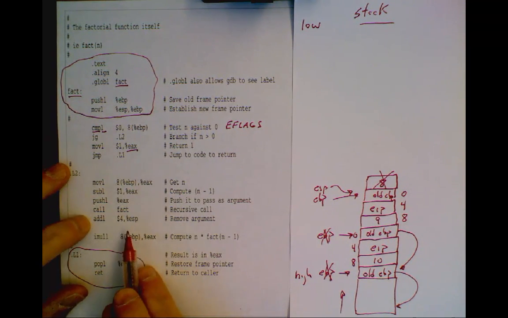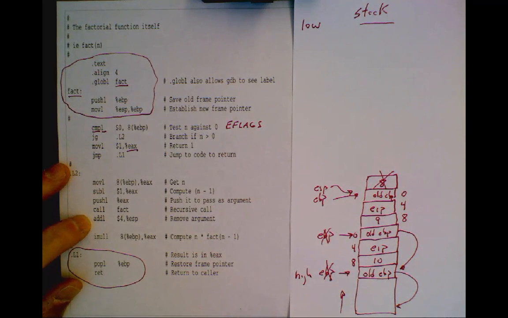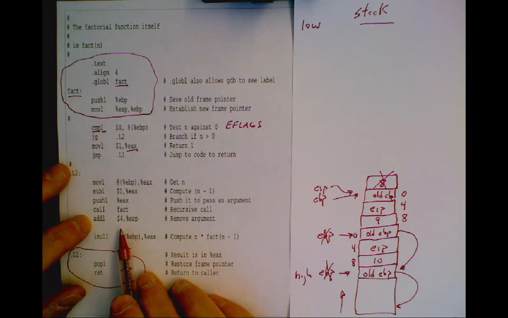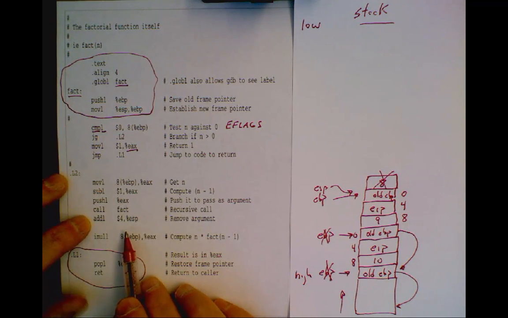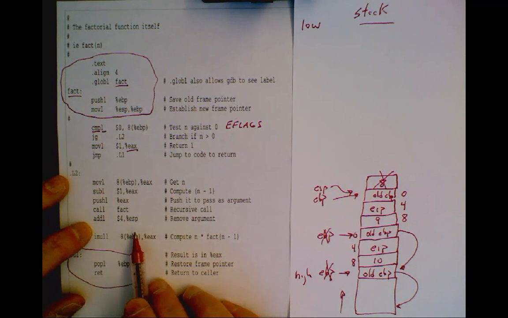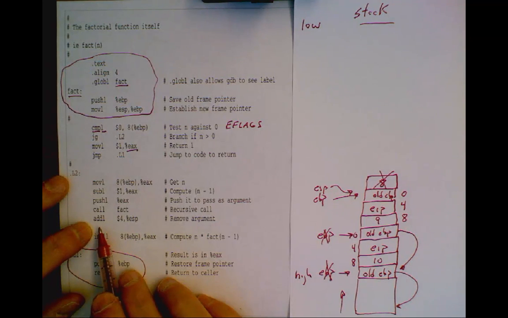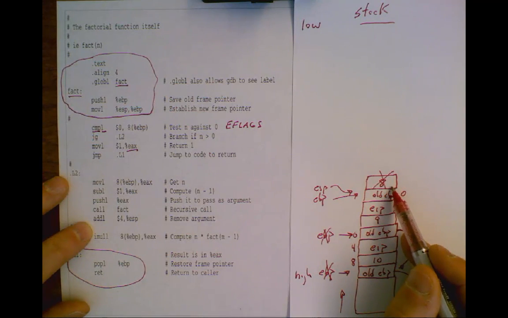Okay, so that's another common error I make when I'm programming in assembly language: I forget to clean up my arguments. And if you don't clean up the stack, you'll have a seg fault, and we'll see why in just a second. But this code is correct, I believe, and so it pops off the argument. It's essentially like a pop instruction, except I don't want the value anywhere. If I do a pop instruction, I have to pop it into a register. Here, I just want to add to the stack pointer just to ignore that value there.